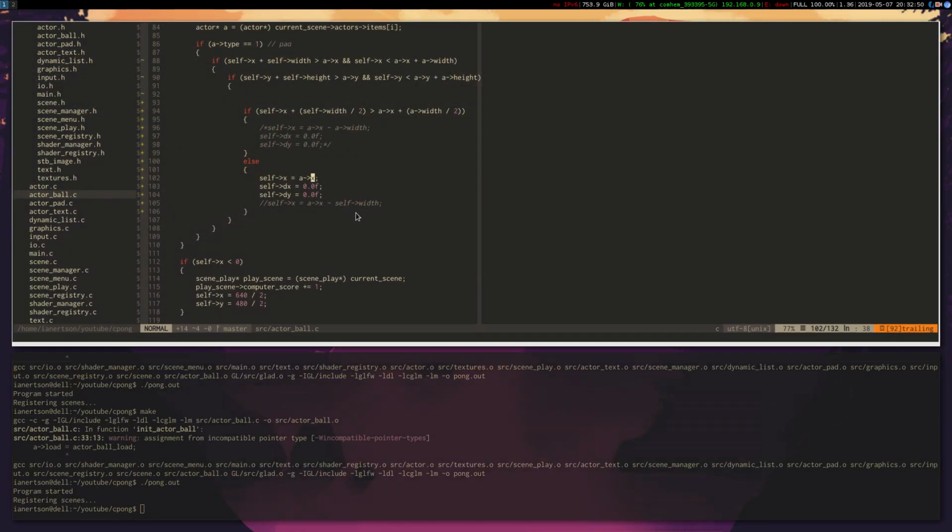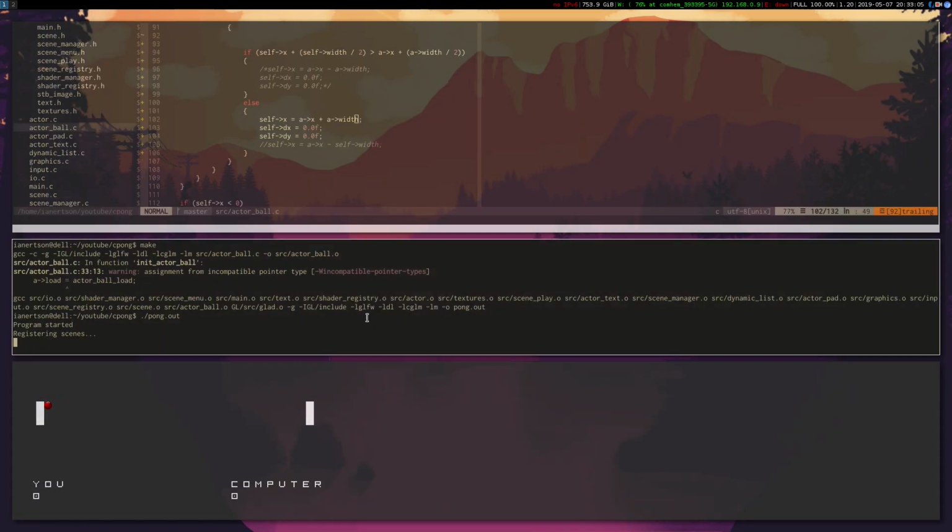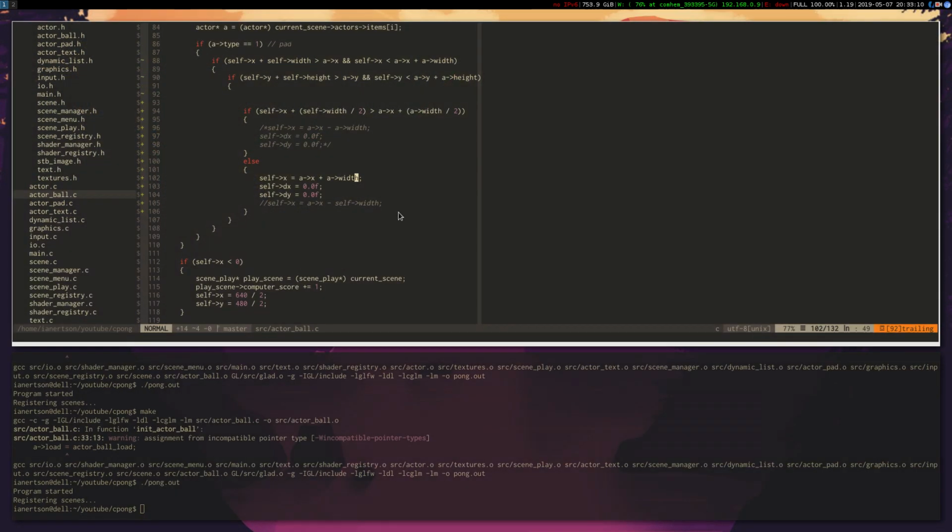No, it's equal to ax plus a width, so our x is equal to the pad x plus its width.